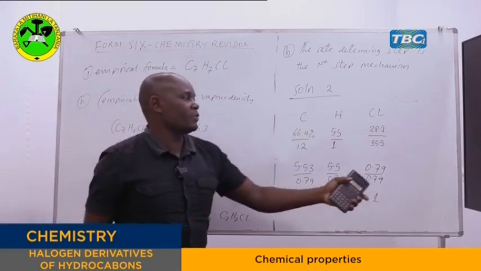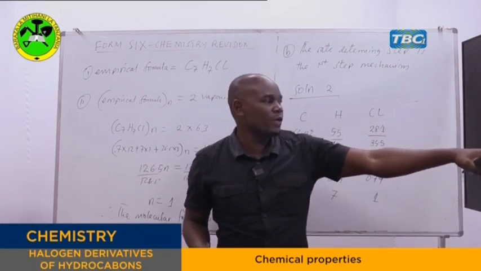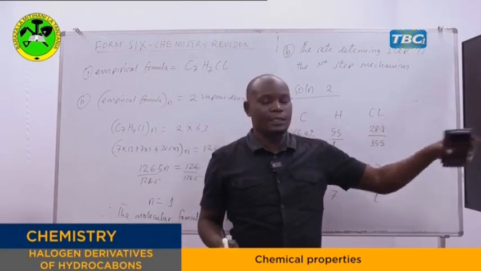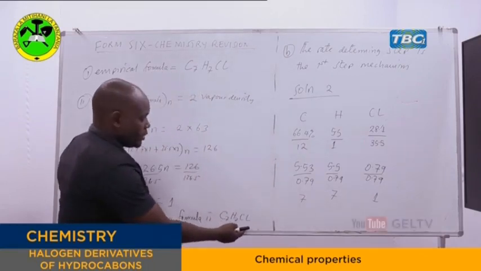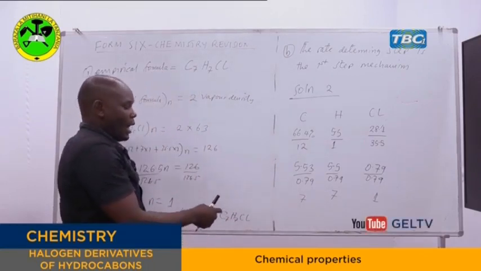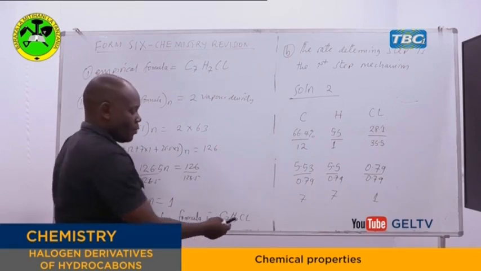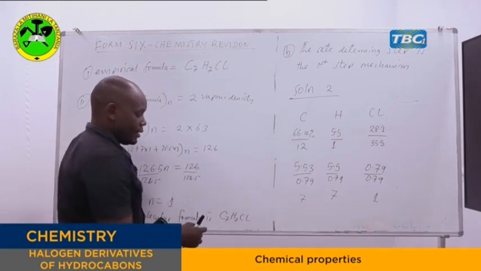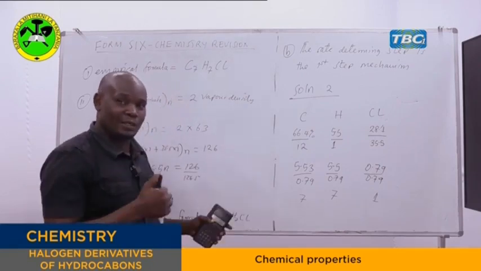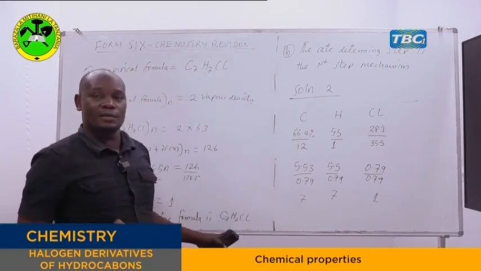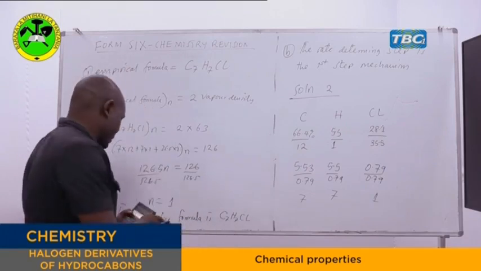Now the second part: you have been asked to write the isomers of compound A that can exist and their names. Normally, by looking at the molecular formula, you can know the type of halogen derivative of compound A. Since we have 7 carbon atoms, it means our halogen derivative of hydrocarbon contains a benzene ring, the aromatic ring.